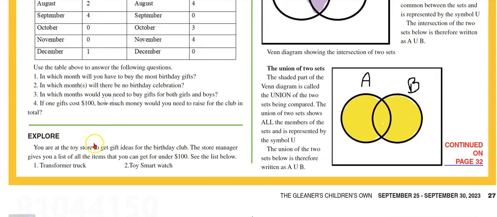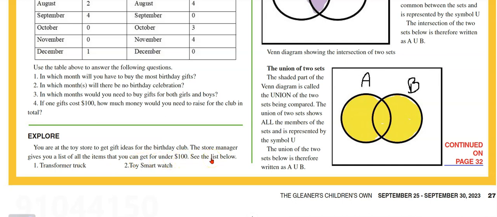All right, let's see. It says here, you are at a toy store to get gift ideas for the birthday club. The store manager gives you a list of all the items that you can get for under $100.